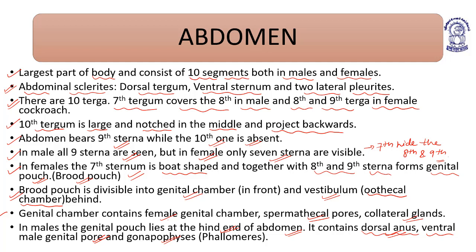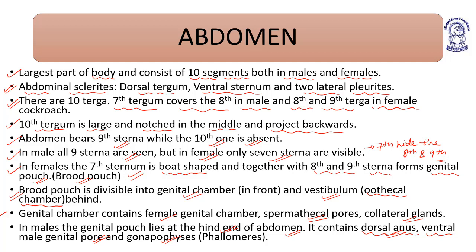So in females, the 7th, 8th, and 9th sterna form the genital pouch, or brood pouch. It is divisible into the genital chamber at the front and the vestibulum, or oothecal chamber, at the back. The genital chamber mainly consists of spermathecal pores and collateral glands.